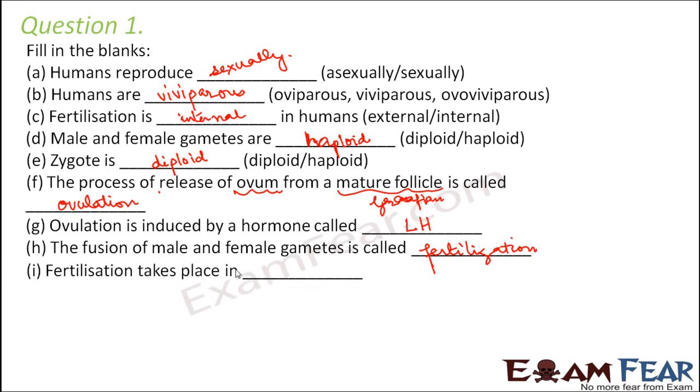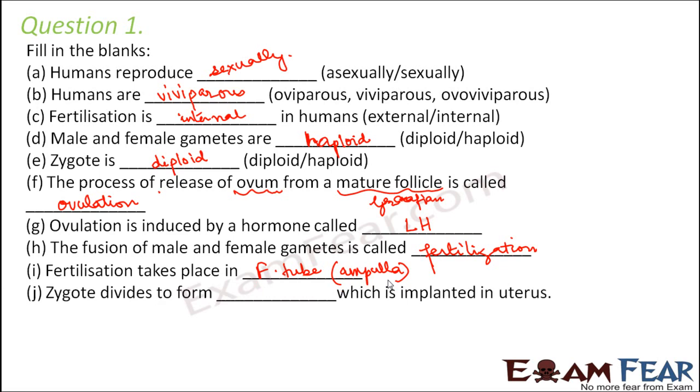Fertilization takes place in, where does it take place? It takes place inside the female body, of course. Where in the female body? It takes place in the fallopian tube. Where exactly in the fallopian tube? In the ampulla region of the fallopian tube. Zygote divides to form dash, which is implanted in uterus.